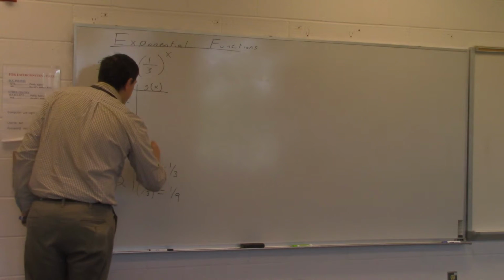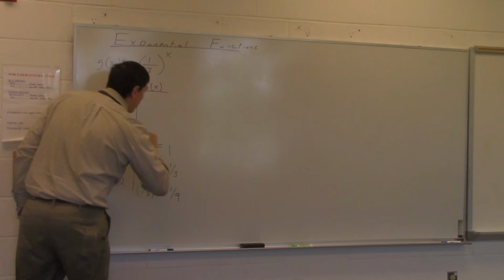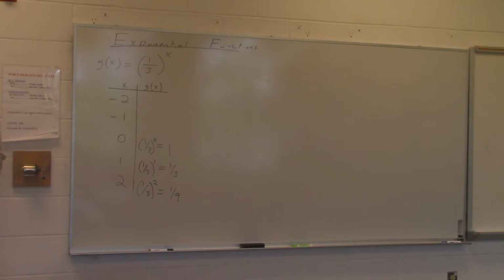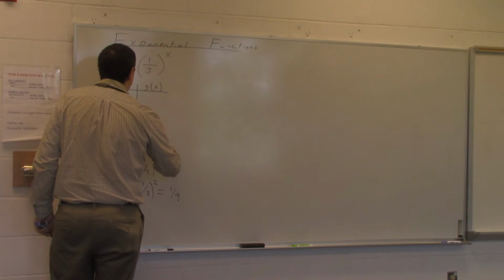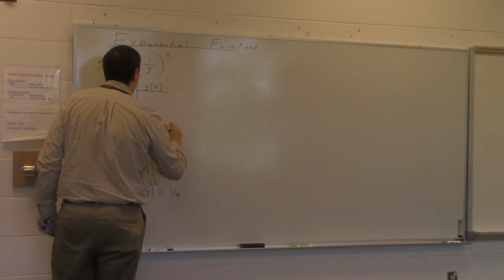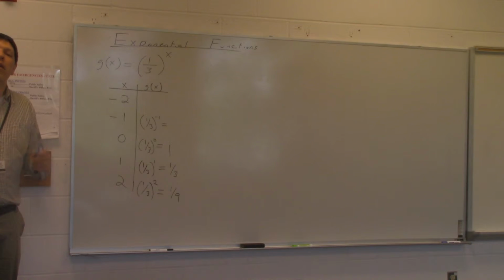As we saw in the previous example, 1/3 to the 0 power. Anything to the 0 is 1, except for 0 to the 0, which is an indeterminate form. As we saw in the previous, when we take something to a negative power, we take the reciprocal and then we get rid of the negative.